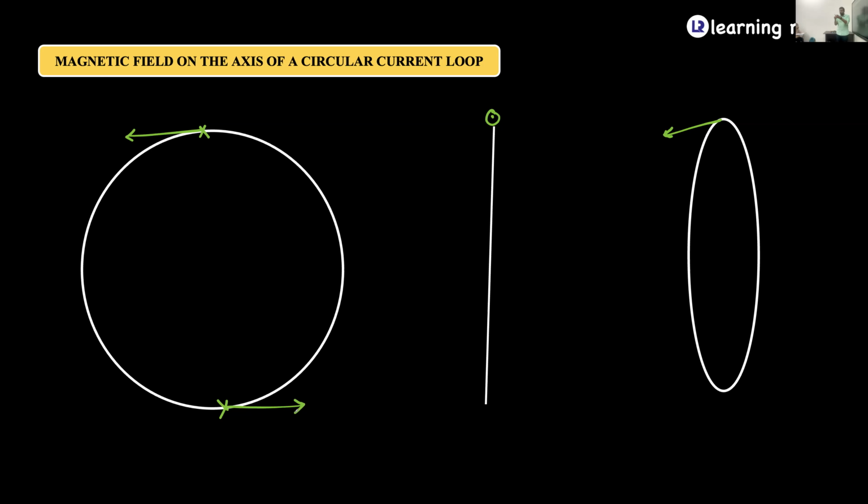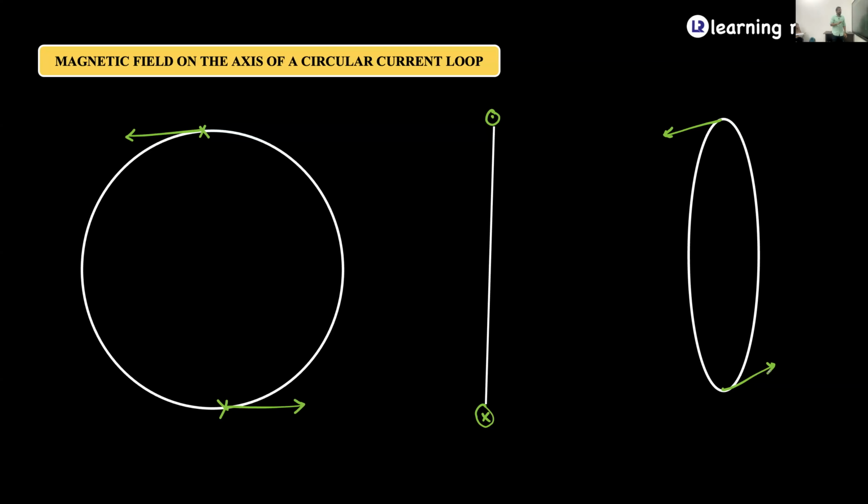When you tilt it like this, it will be into the plane. So what I'm trying to say is, for the same loop, if at the top the current appears as if it is coming out, at the bottom it will be as if it is going into the plane. And what about this case? In this case, the direction will be like this, because this is the direction of current. If I tilt it slightly like this, it will go this way. Am I clear with this?